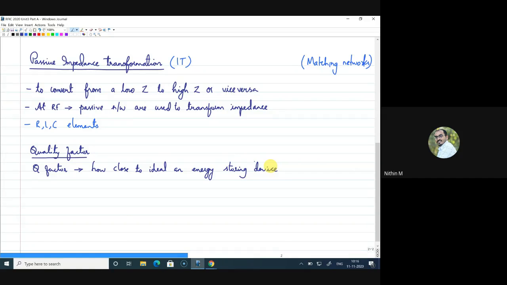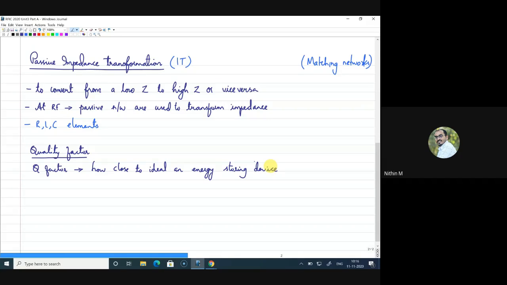That information is given by, yes, it is energy stored to energy lost per cycle. Energy lost is nothing but the energy dissipated. We have equations for that, like omega L by R or 1 by omega R C. All those things we will write with respect to the way we configure the circuit. So the takeaway point here is the Q factor or quality factor is a performance factor which tells you how close to ideal an energy storing device is.